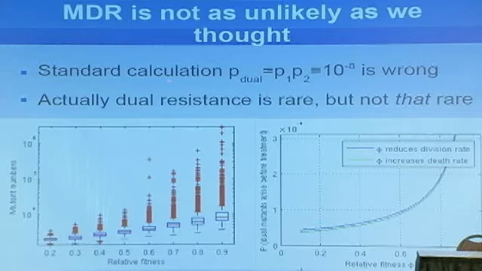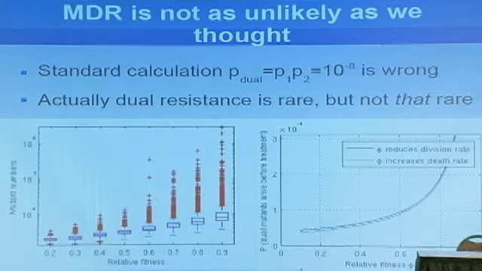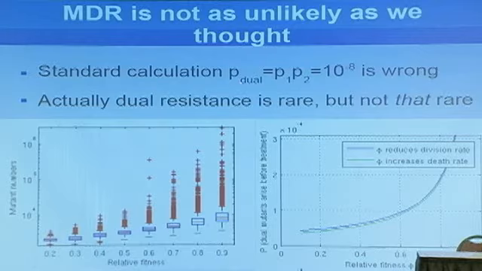I've missed out a big capital N here. Imagine that where the red dot is, there's a big capital N for the population size of the bacterium within the host. And you would have the probability that you would see dual resistance upon reaching a clinical detection size of like 10 to the 9th or 10 to the 10th bacterial cells, would be the probability of the first kind times the probability of the second kind.